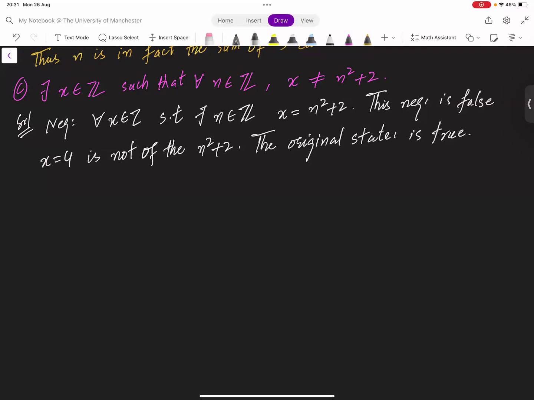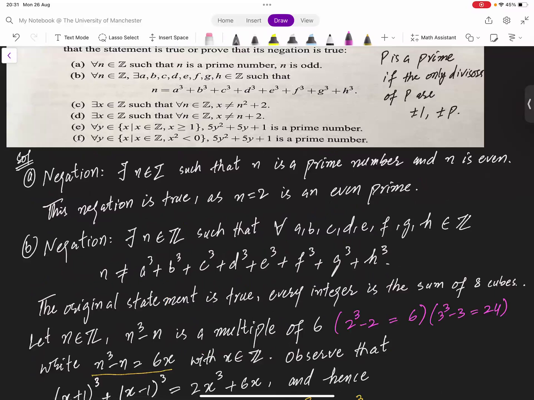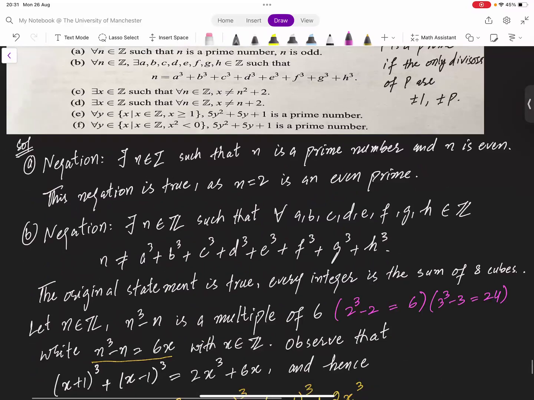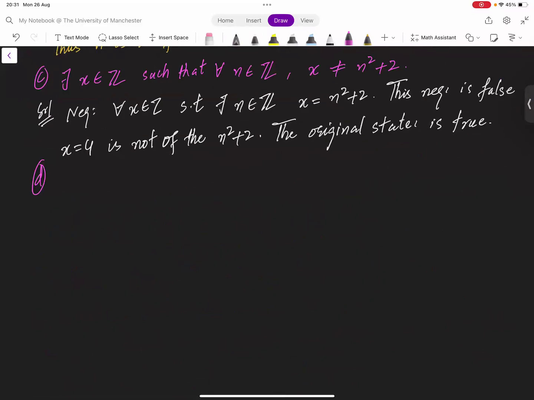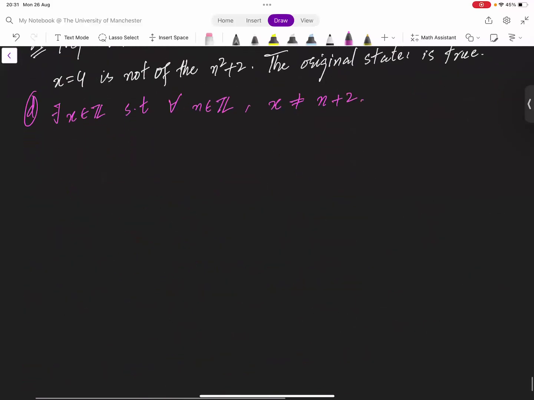Right? Now, part D. Part D is almost the same, we just remove the square from the statement. So that is, there exists x in Z such that for all n in Z, we have x is not equal to n plus 2. Now to solve this, we have the negation.